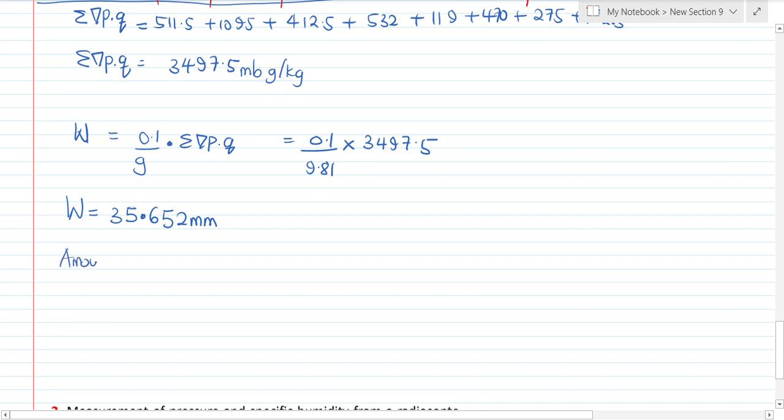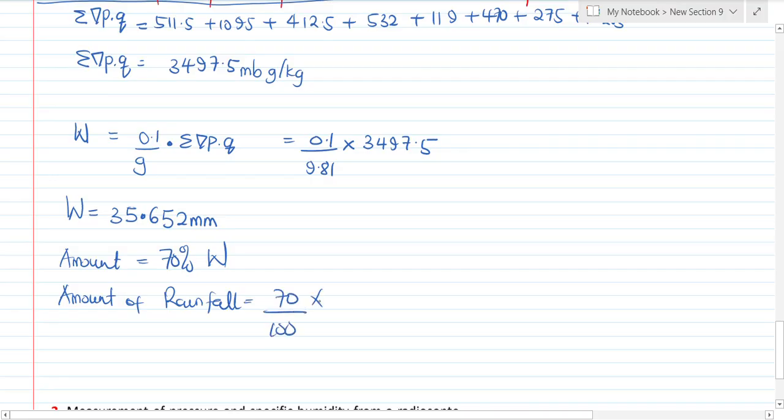Now we want the amount of rainfall. So the amount of rainfall, we are seeing that is 70% of the precipitable water. So the amount of rainfall will be equal to 70 over 100 times the precipitable water, that's 35.652.